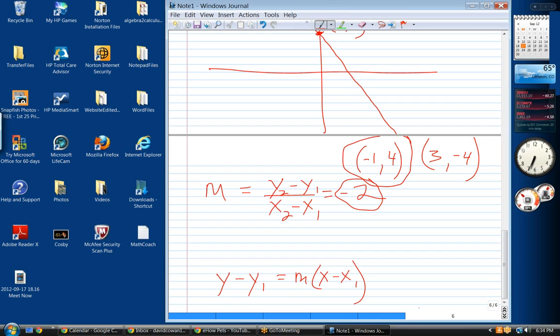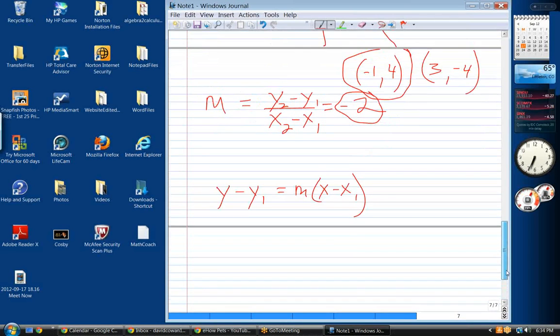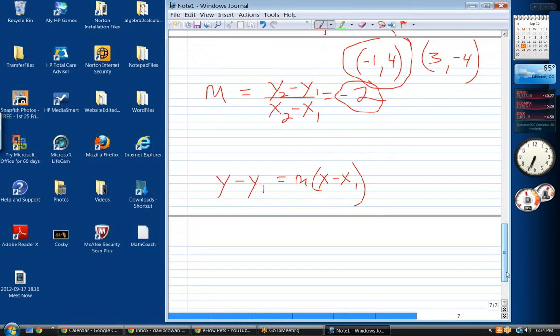So what does it become? So if you're only using 1 point though, then how do you get y minus y1? Okay, I'll show you. We're going to use this -1 comma 4 as our point.